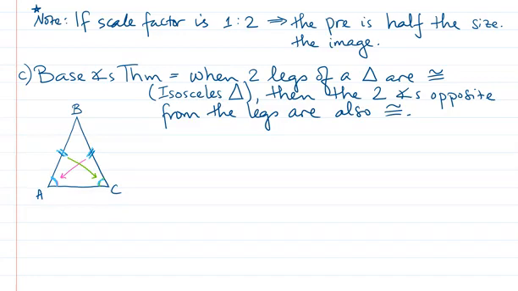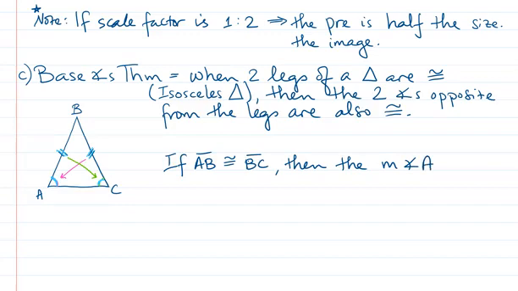All right, so let's write that out. If AB is congruent to BC, then the measurement of angle A is equal to the measurement of angle C because of base angles theorem. Okay, so not only are the angles congruent, but the measurements are the same as well.